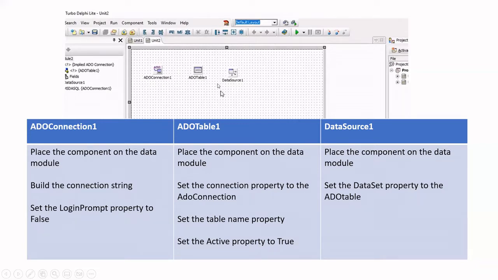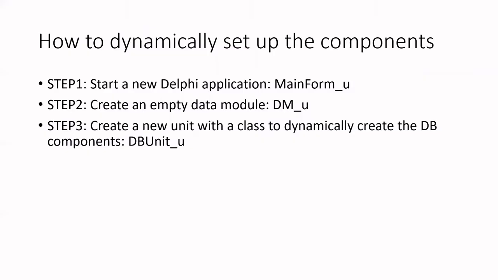These components were placed in a data module, and each of these components was configured as outlined in this table. Once they are configured, they can be used on the main form, and you can then link these components to your grid and view your information from your table.